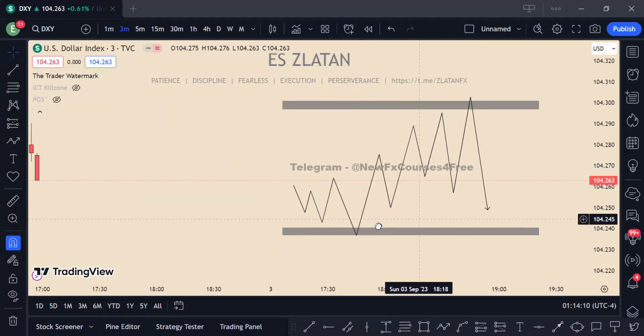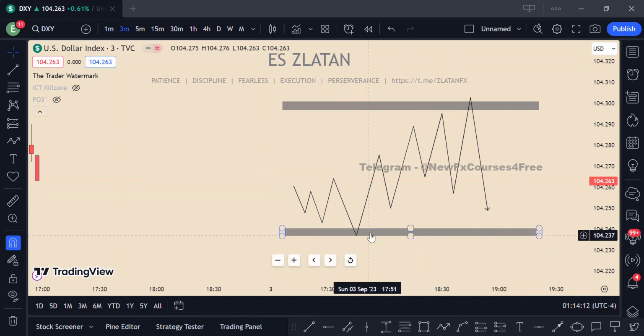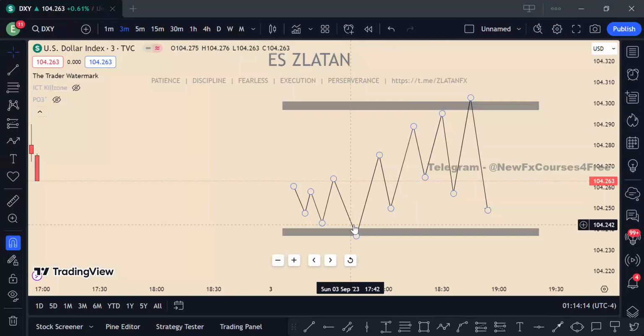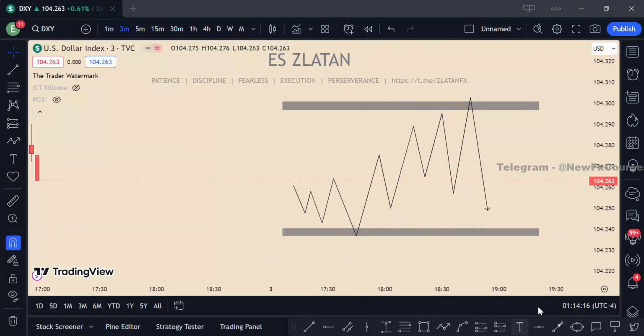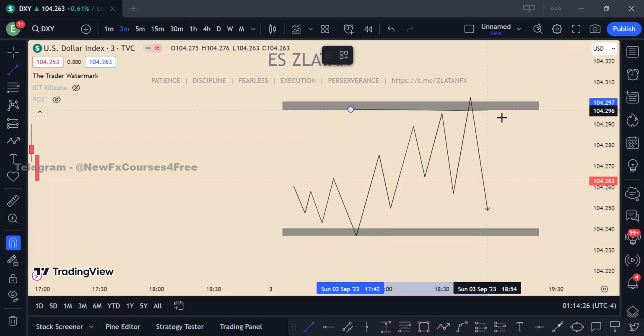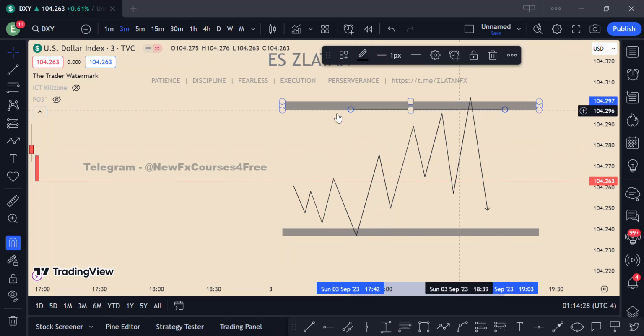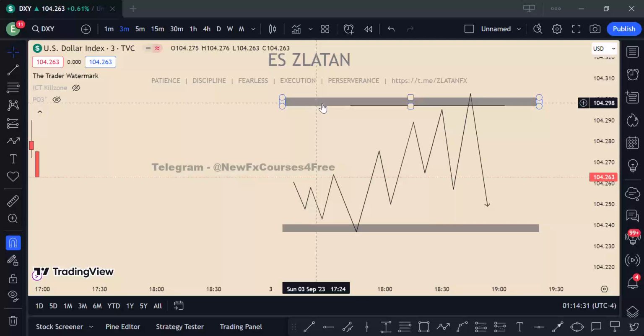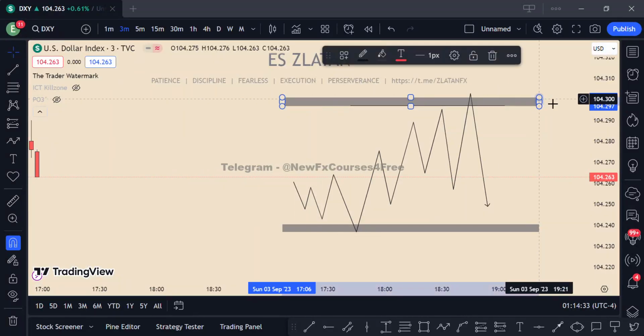So what does that mean? If I see the market take out this low, and then we got this, my next target is going to be here, right? My next target is here. Let me take off this block so you can see clearly.